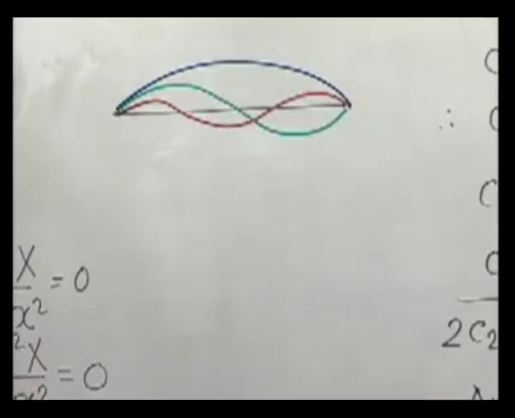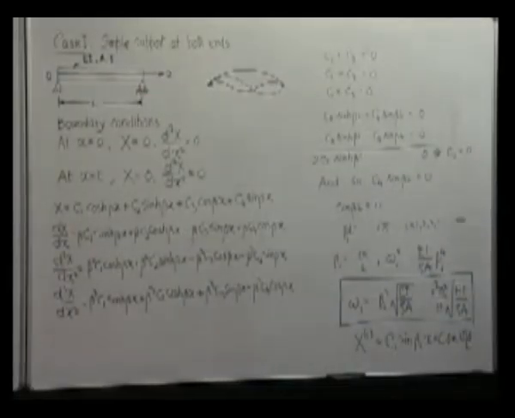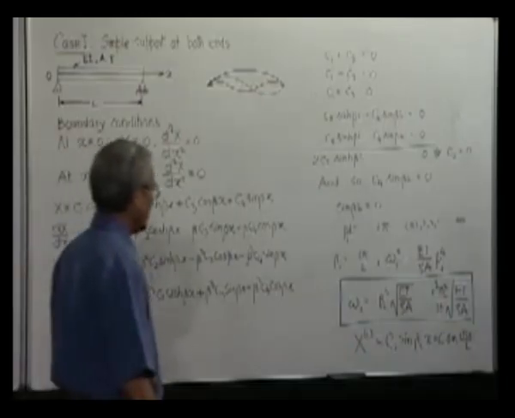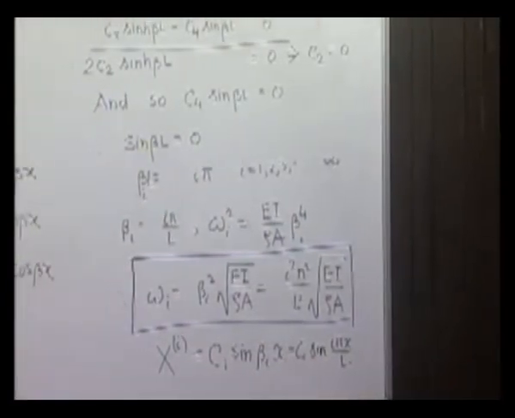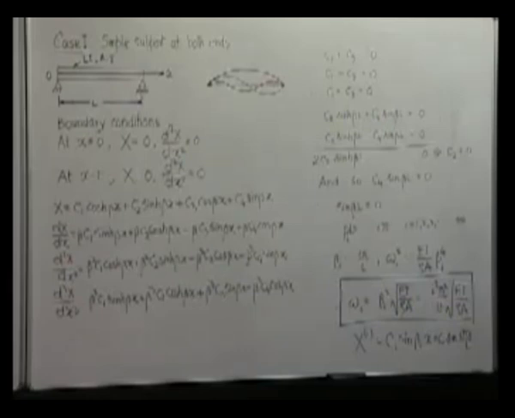So for a beam simply supported at both ends, the natural frequencies are given by this. It is interesting to note that the mode shapes are the same as the kind of mode shape we had in case of longitudinal vibration of a bar. You remember that, with both ends say fixed.